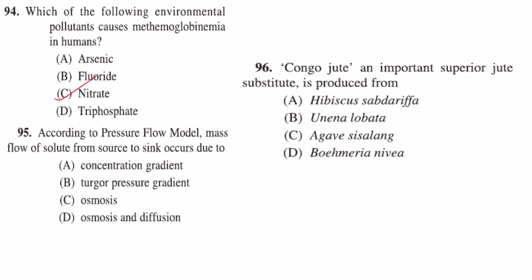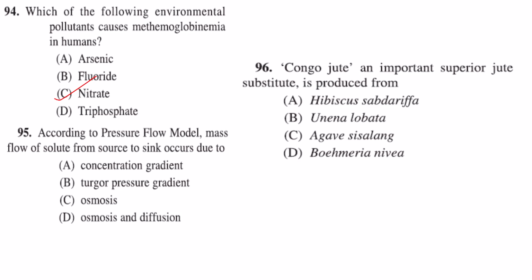Then according to the pressure flow model, mass flow of solute from source to sink occurs due to. Now the source is your leaves that produce sugars and other solutes during the process of photosynthesis. Then these solutes are loaded into the phloem tissue, thereby increasing the turgor pressure within the phloem tissue.